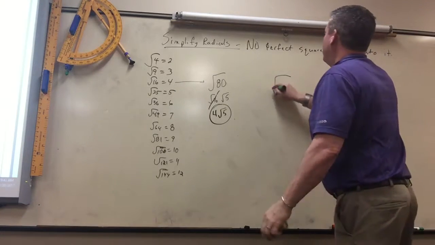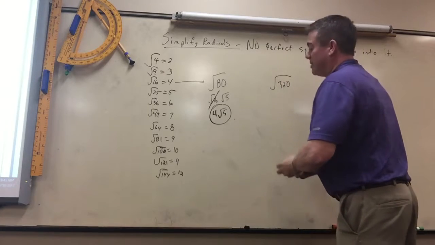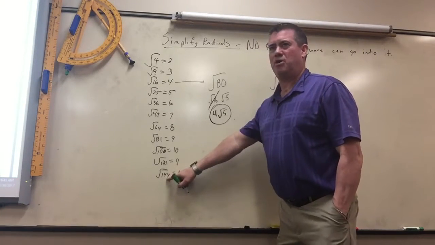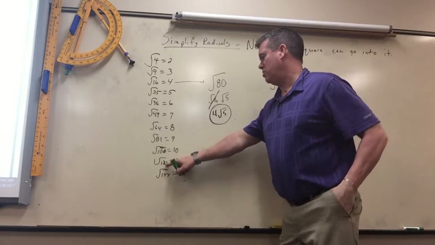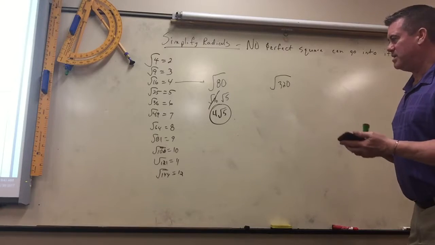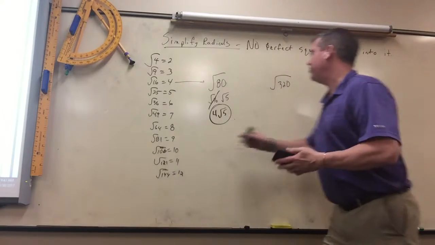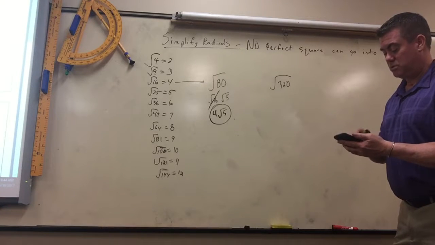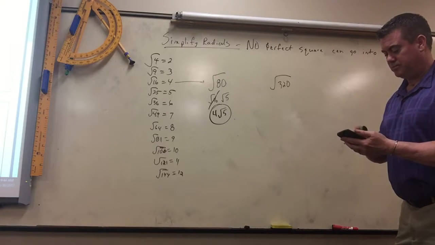If there's a bigger number, it takes a little bit longer. 144 is about halfway. That doesn't go into it. So you can check 121. If you divide them, that doesn't. I know 100 doesn't. 81, go 320 divided by 81. Oops.